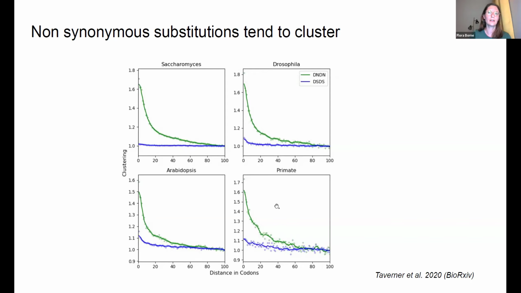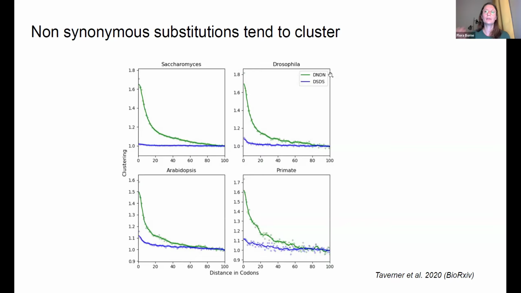And this is the case in a lot of different species, from yeast to primates. And in this graph, on the y-axis is the clustering score, which represents the likelihood of finding one mutation close to a first one. And on the x-axis is the distance between those pairs of mutations.